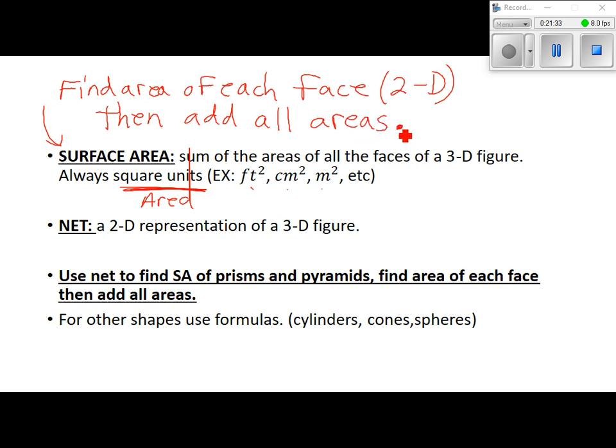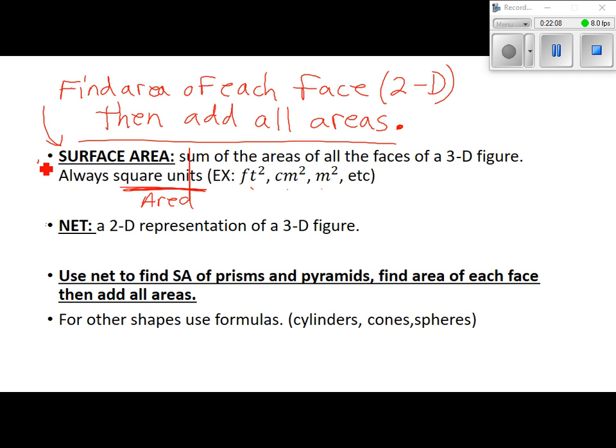There's formulas for some of them, and we'll talk about some, but for a rectangular prism, I'd rather you didn't try to use the formula. It's easier just to find the area of each face separately and then add them all together, because when we start modeling real life stuff, it makes it more difficult, because a lot of times in real life it doesn't have all the faces.